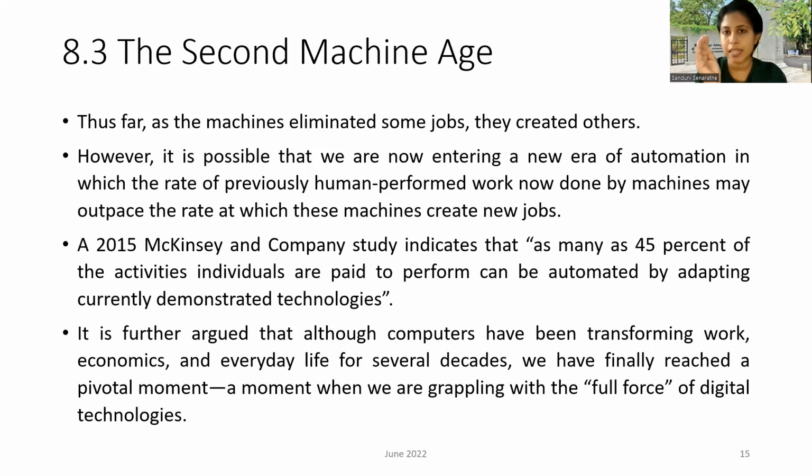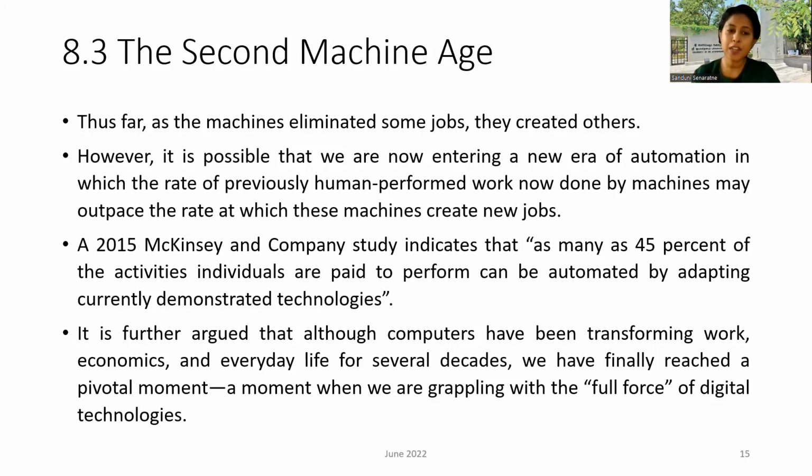Now, the issue here is, while some jobs can be eliminated due to automation, and some jobs can be created due to automation, the rate at which the machines take over the jobs of people will be higher than the rate at which these machines will create new jobs. So that is the conundrum that we have to deal with in the present, and of course in the future increasingly.